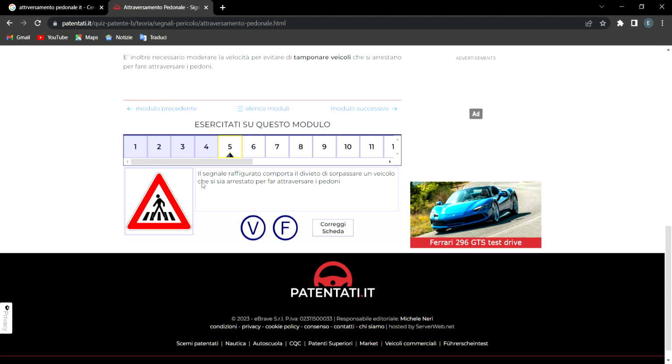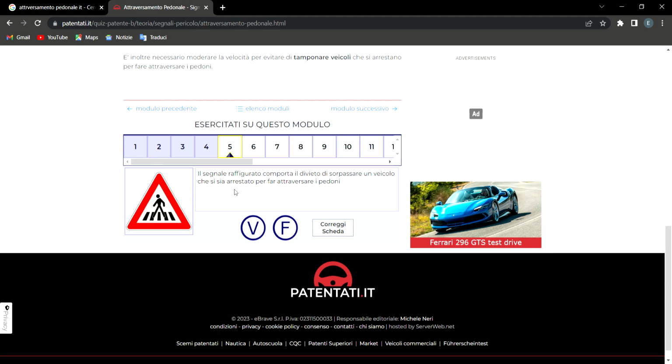Number five says: il segnale raffigurato comporta il divieto di sorpassare un veicolo che sia arrestato per fare attraversare il pedone. It's simply saying that this sign forbids overtaking a vehicle waiting for a pedestrian to transit.